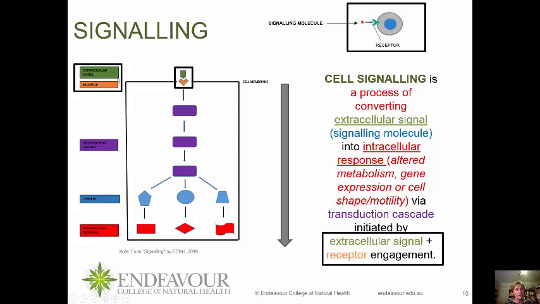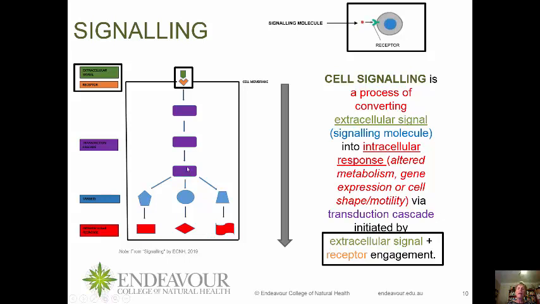You can see here, this rectangle, the black box, is the cell. Around it is the cell membrane, and in that cell membrane you have a receptor. And that extracellular signal has come and attached to the receptor. What that sets into play is something called a transduction cascade, and you can see these are the purple boxes here.